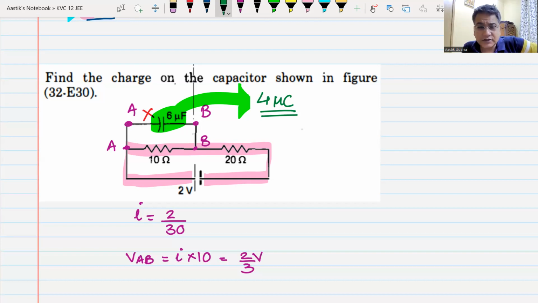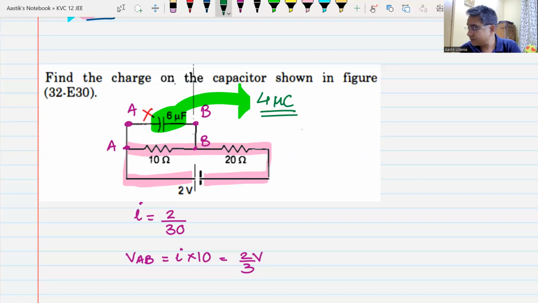What is the potential drop across the resistor? Only formula we have done in... If a current flows in the resistor, what is the potential drop? What is the potential drop across a resistor?